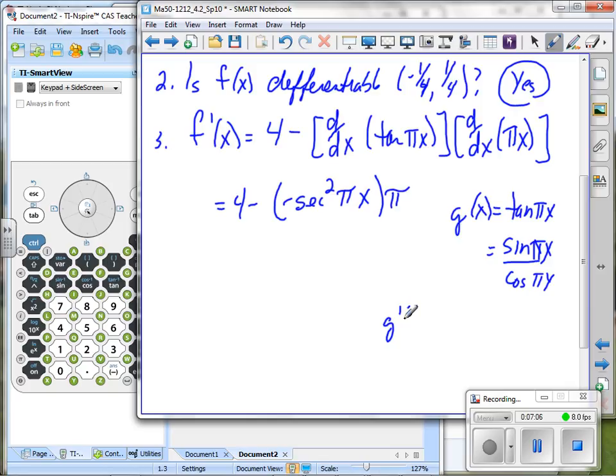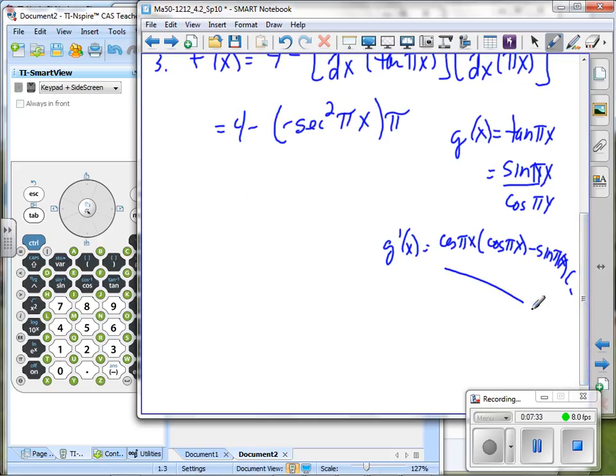So now the derivative of that would be our denominator times the derivative of our numerator, which would be cosine pi x. I know I'm not writing that line out. Minus the numerator times the derivative of cosine, which is negative sine pi x.